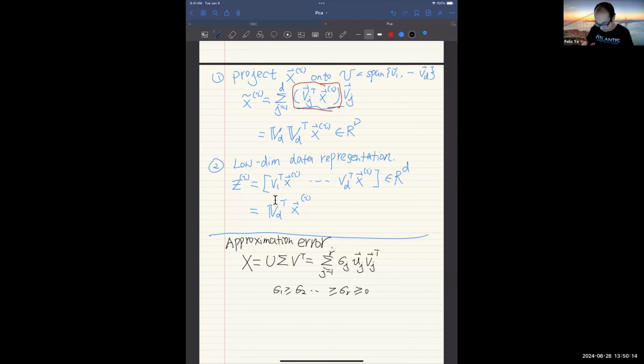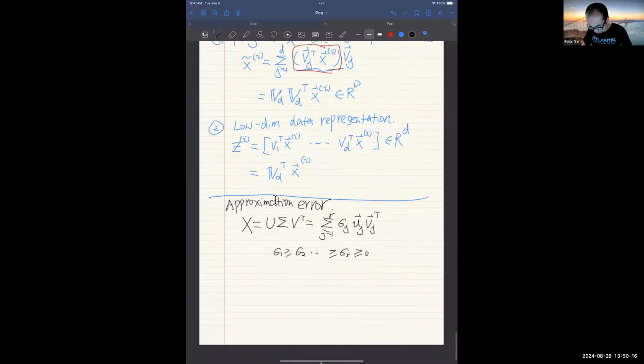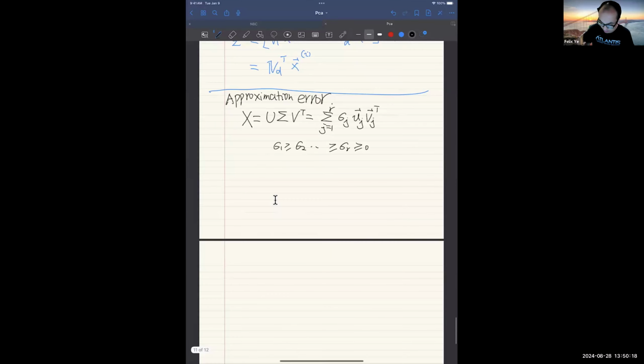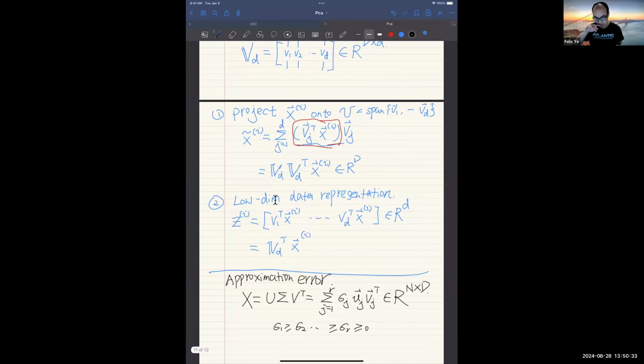So if we take the first D, so this is n by D, big D. If we take a projection matrix, this is just a vector right here, and we assume this is a column.